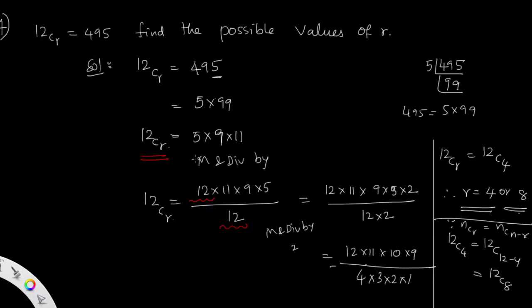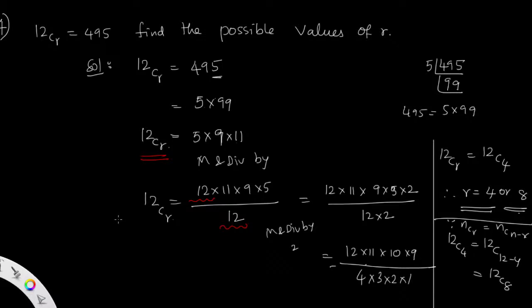Okay. So first convert into a product of the terms. 495 can be written as 5 into 99. Then 99 can be written as 9 into 11.